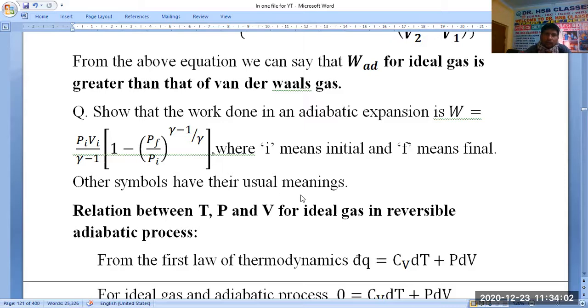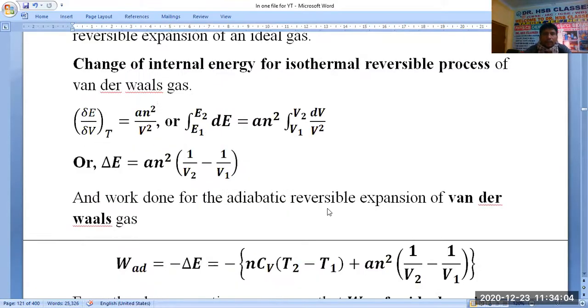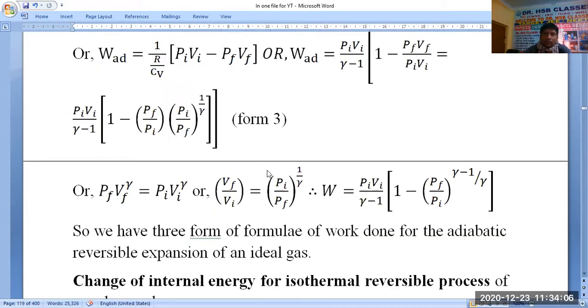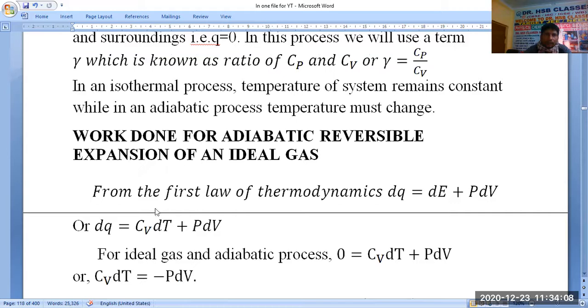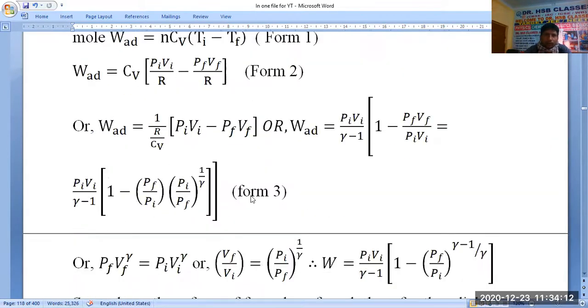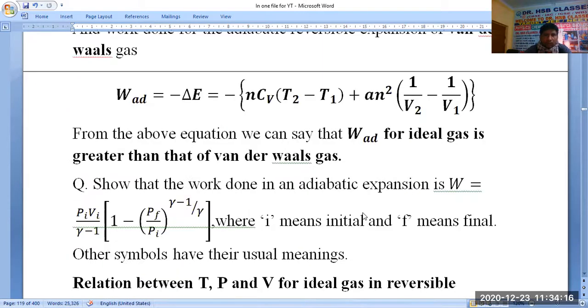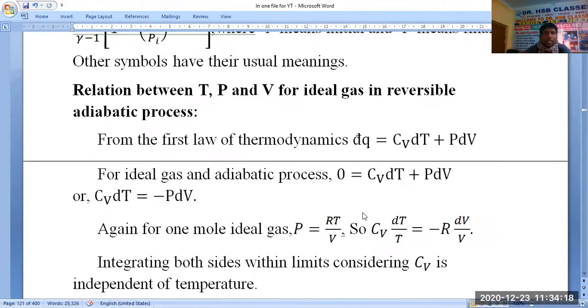Other symbols have their usual meaning. So the answer will be this. You should start from the first law and derive this equation. So that was a question from university.